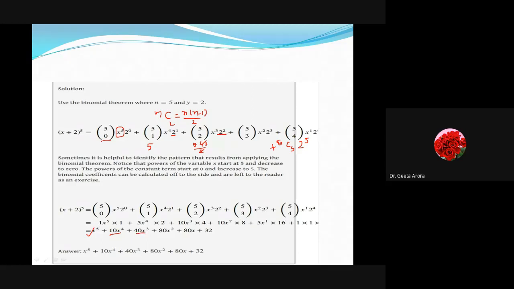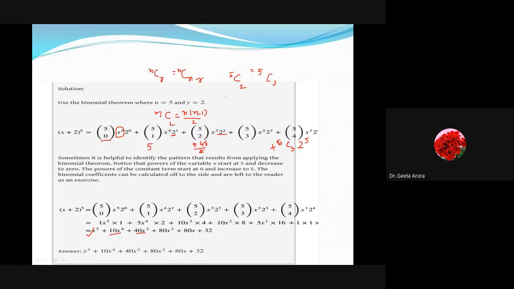And from here nC3, okay, one more formula that I want to share, that whenever we are working with nCr, it is similar to nC(n minus r), because it is also very useful in the binomial theorem. It means if I have calculated 5C2, it is same as 5C3, isn't it?